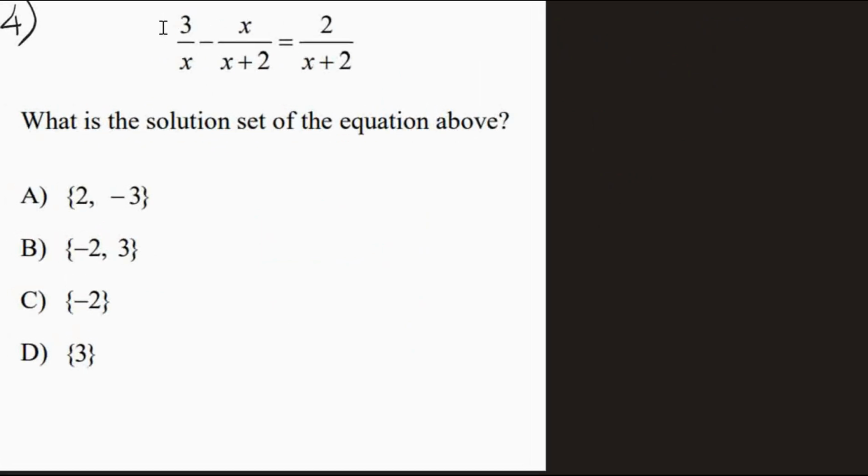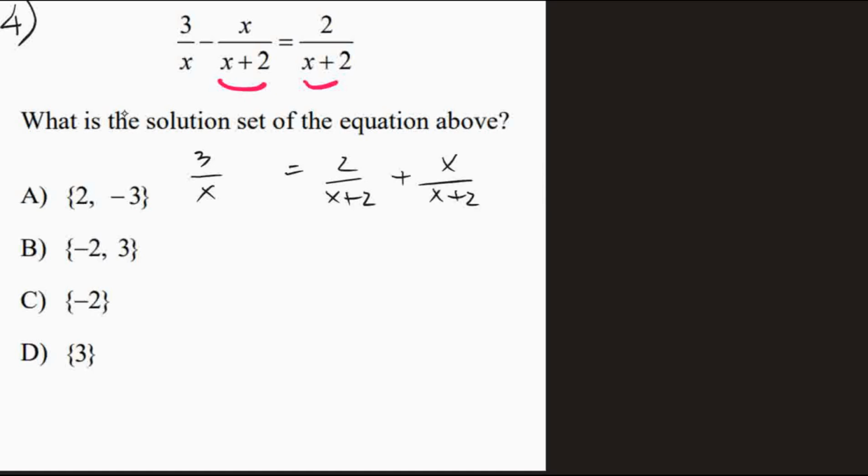3 over x minus x over x plus 2 equals 2 over x plus 2. What is the solution set of the equation above? So we just have to do the same thing. We can see that this is the same, so I try to move this one to the right, plus x over x plus 2.